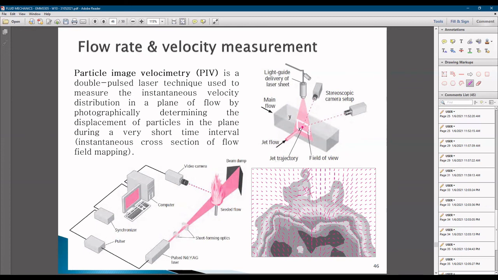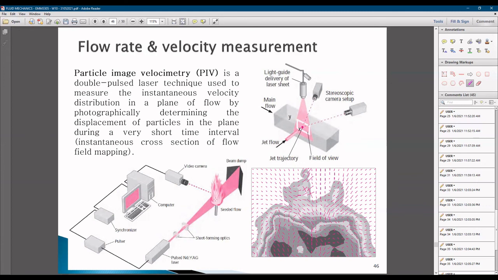We seed, or allow some sort of smoke, to cross this laser beam, and the camera is positioned to capture the changes on that particular laser beam.